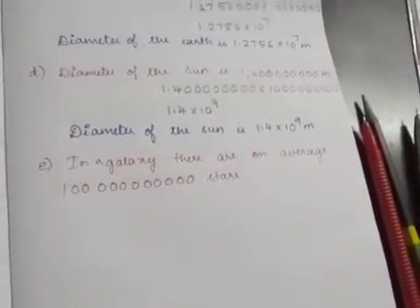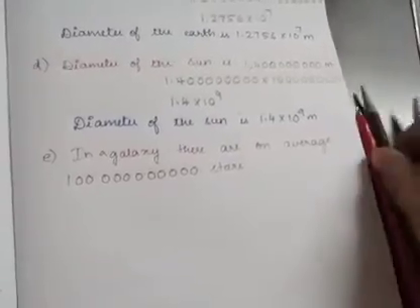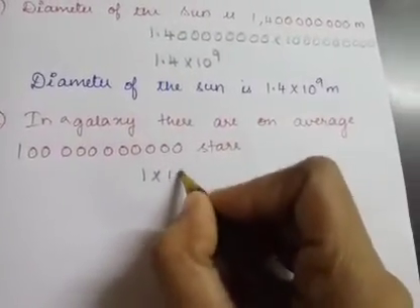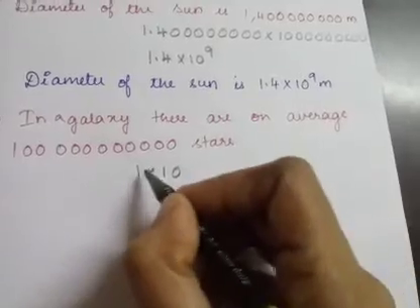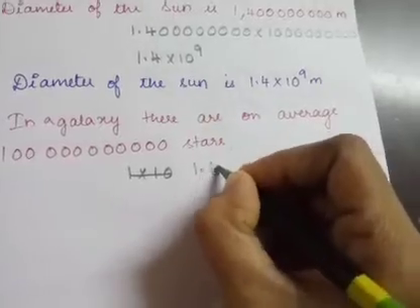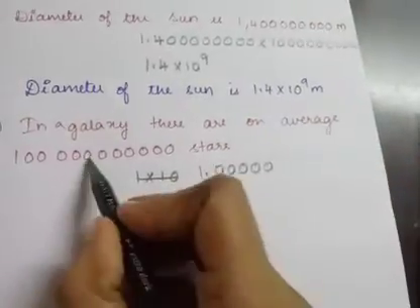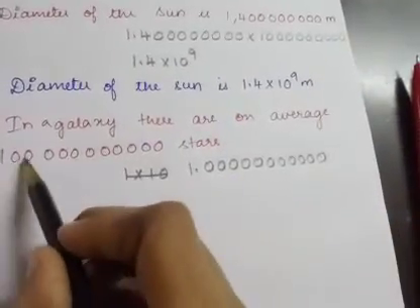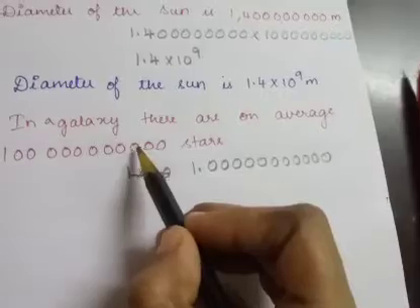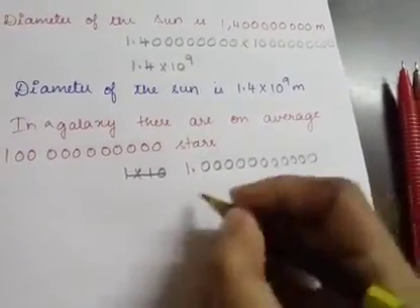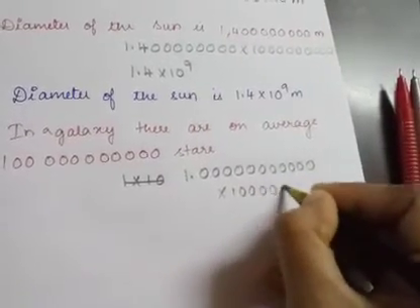Okay, so now first what we should do, we have to convert that into standard form, right? Sorry, first you can write like this: 1.00000000000. So how many zeros are there? 1 2 3 4 5 6 7 8 9 10 11. Okay, 11 zeros.